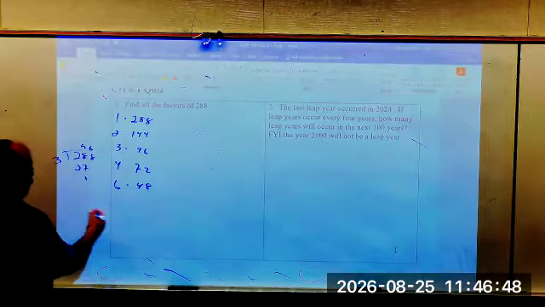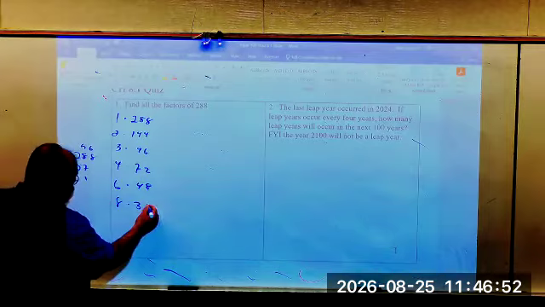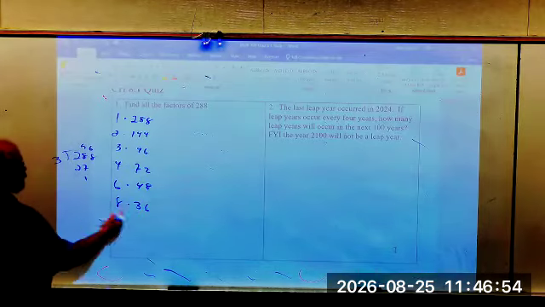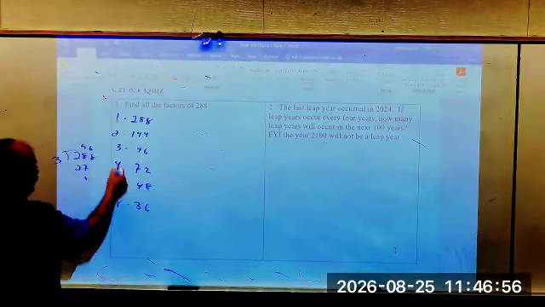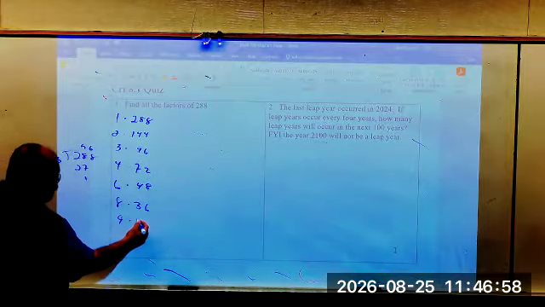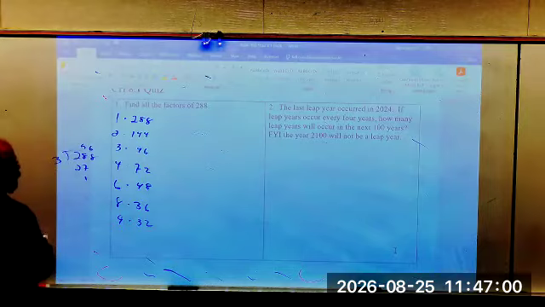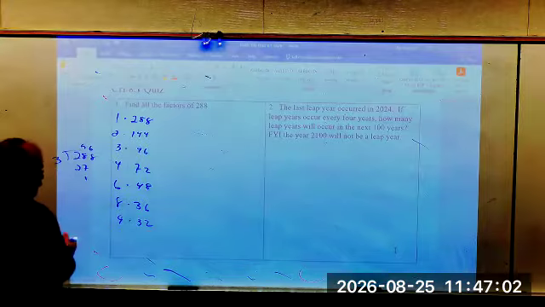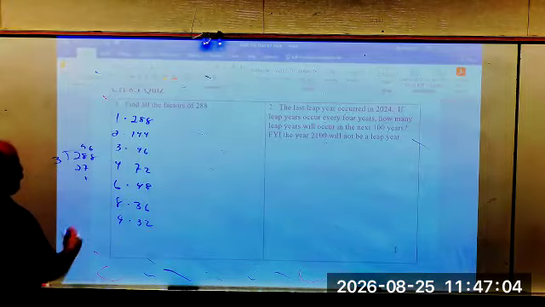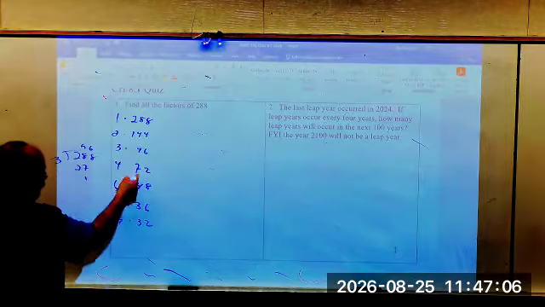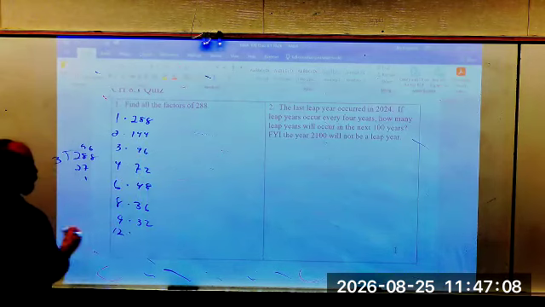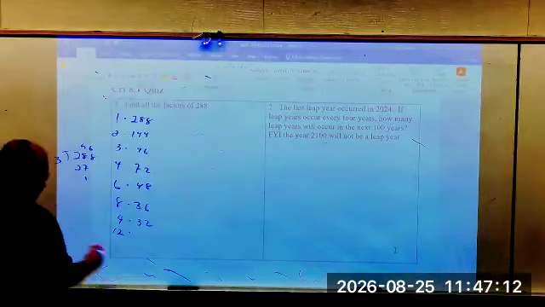And then 7 doesn't work, and then we go 8 times 36. And then 9 is going to work because we can take out another 3. We're going to get 9 times 32. And then 10 doesn't work, 11 doesn't work. 12 times, take out a 3 here, that makes it 12 times 24.